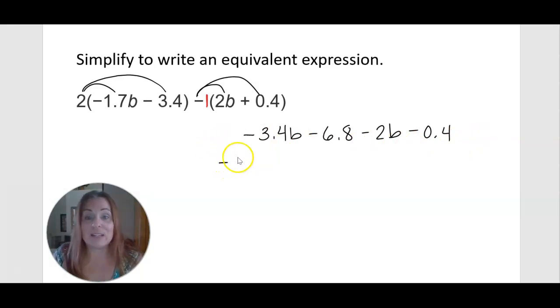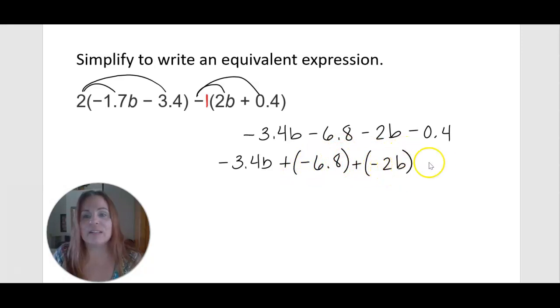I've got -3.4b plus a -6.8 plus a -2b plus a -0.4. Now I'm going to rewrite my expression using the commutative property. I'm going to move the terms so that the like terms are next to each other.